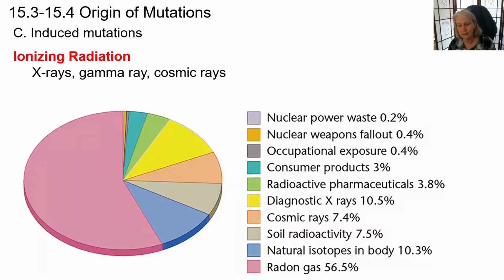Of the things that are actually affecting you, radon gas is one of the bigger concerns. If you have a basement dug down into the bedrock, we monitor you for radon gas. That is something that can just be produced by the environment around you, highly tied to causing DNA damage. Soil radioactivity, isotopes in your body, eating things that are exposing you to this, radioactive pharmaceuticals.